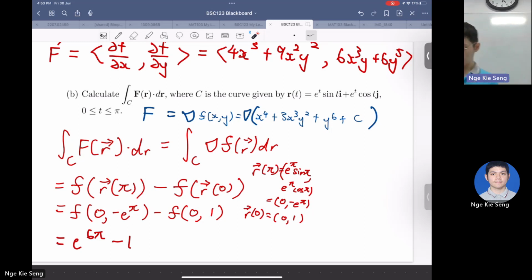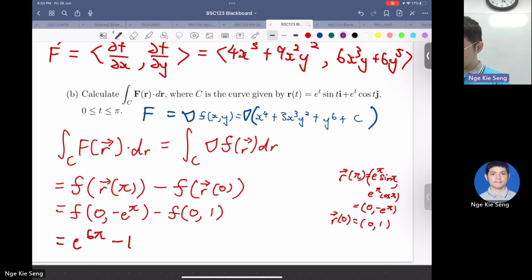Question. So let me write down what we use. So the second step here, we use FTC for line integral theorem. Here we check curve. Okay, so check.